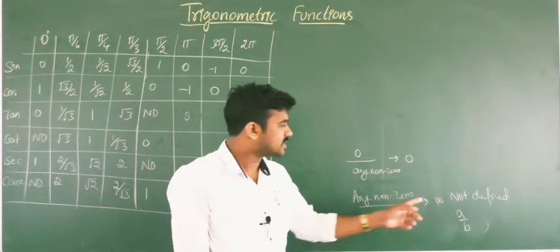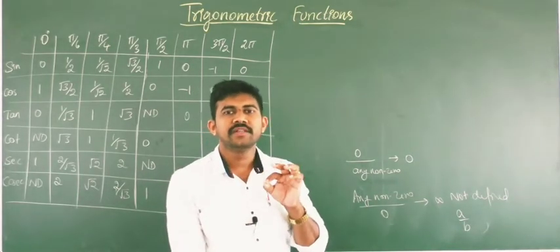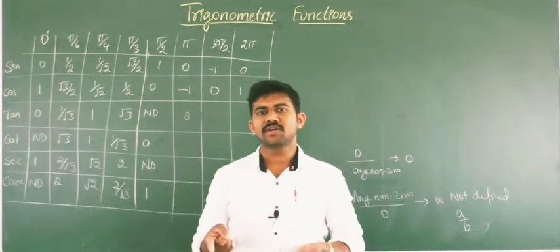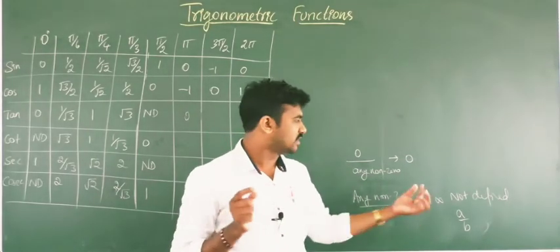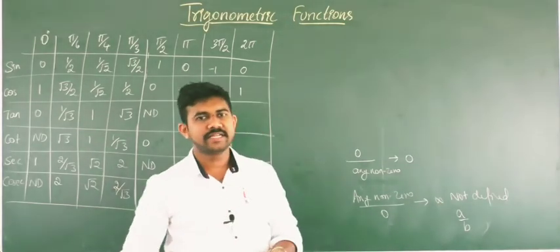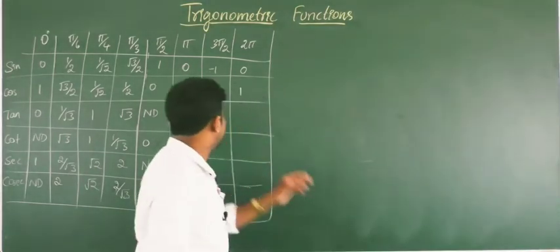It is either positive infinity or negative infinity according to the angle. If you measure the angle in the anti-clockwise direction, we get plus infinity. If you measure in the clockwise direction, we get minus infinity. See here, in this case I'll write just 0.